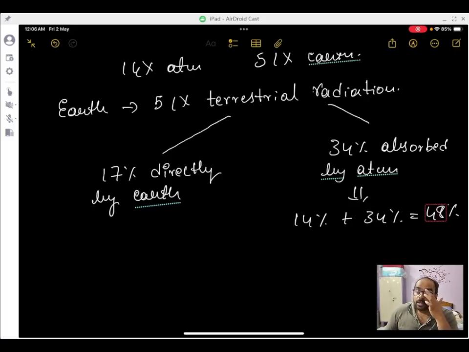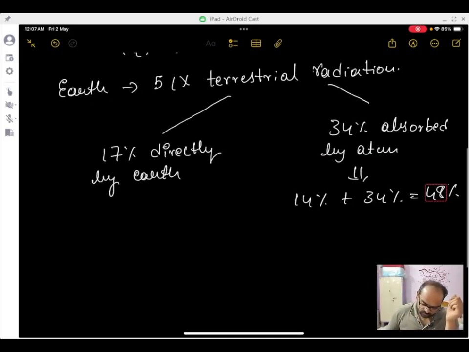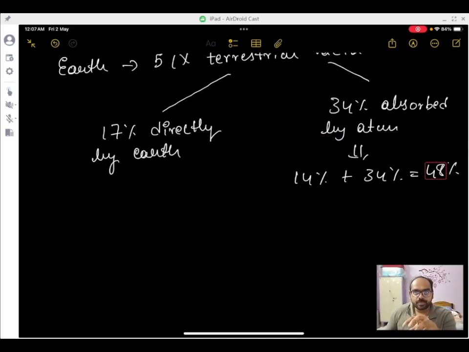The atmosphere absorbs 48% of radiation, and out of it 14% is from insolation and 34% is from terrestrial radiation. So Earth received 51% and Earth radiated back 51%. So there is a balance in the budget.